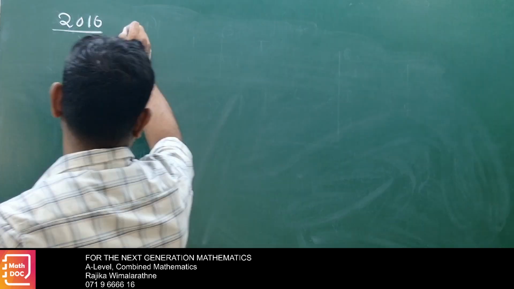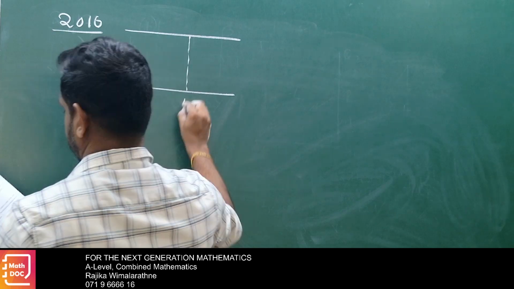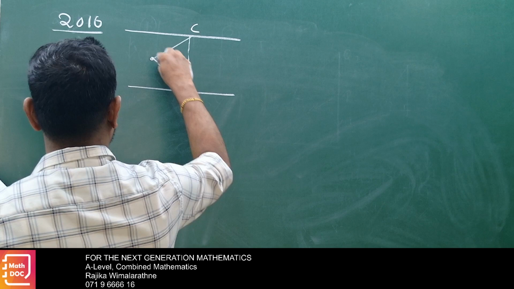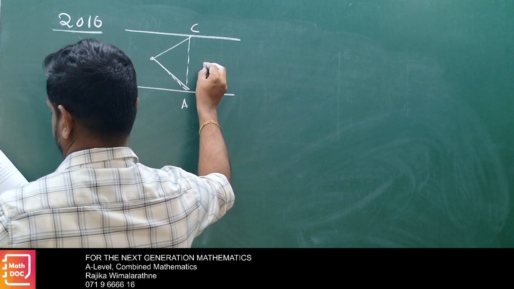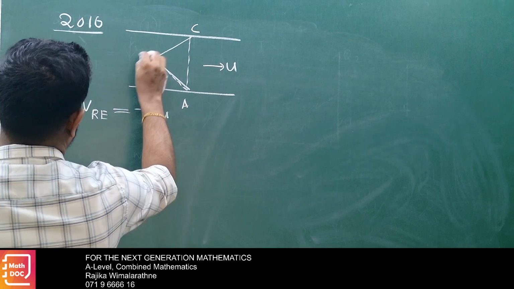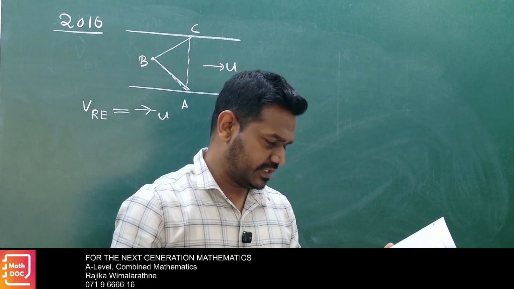Here the river, points A, C, B, flows with velocity u. Velocity of river with respect to Earth is u. A boat moves with velocity v relative to water.